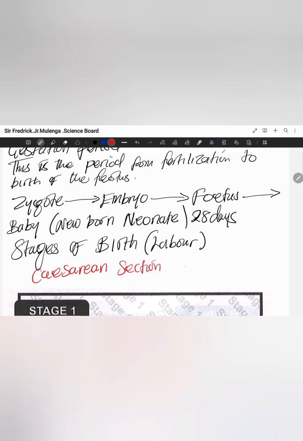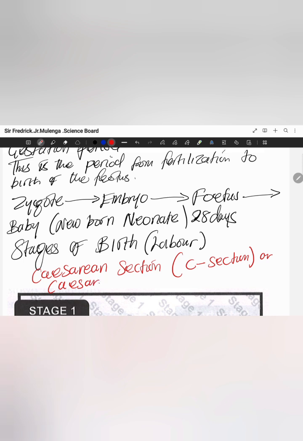This operation is also called, in simple terms, C-section, or just a Caesar. Now, what happens there?